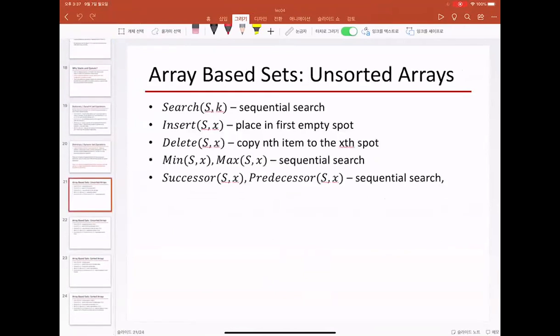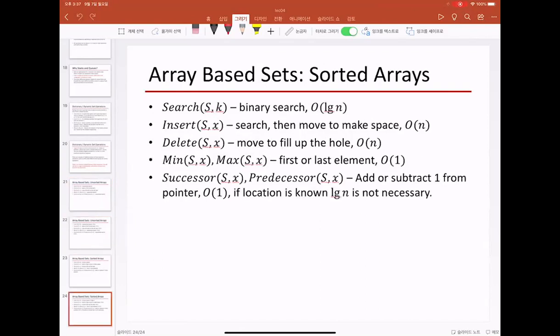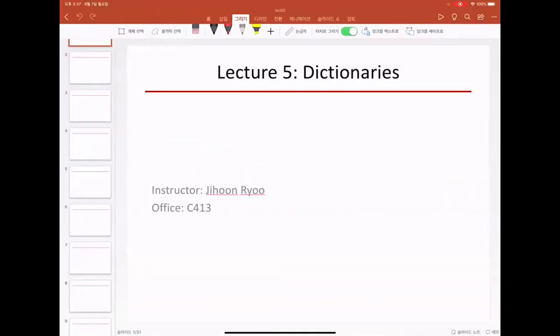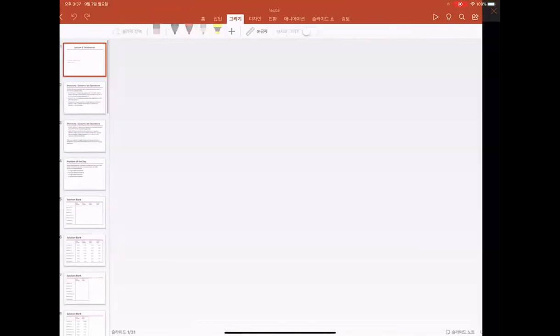We covered search, insertion, deletion, minimum and maximum, successor and predecessor. How long does each take? We analyzed it step by step, and why it is big O of n and why it is big O of 1. Today we're going to talk about the dictionary. Okay, let's start the class.